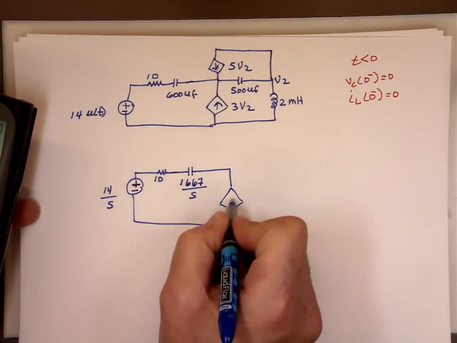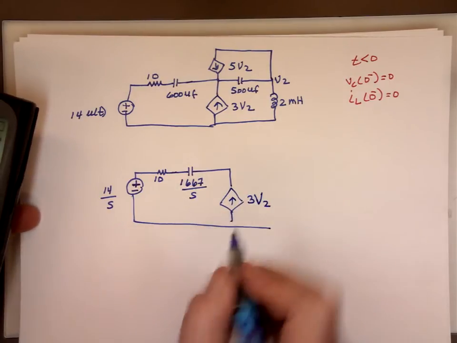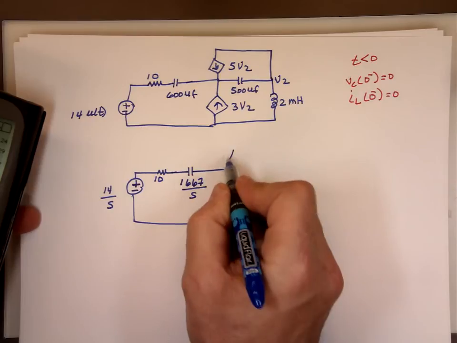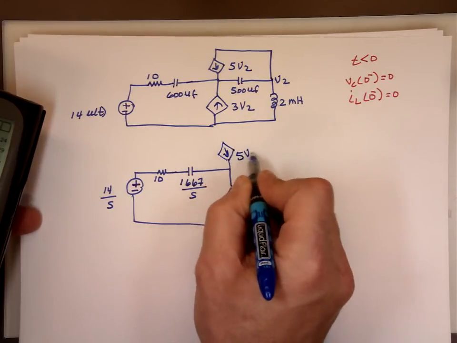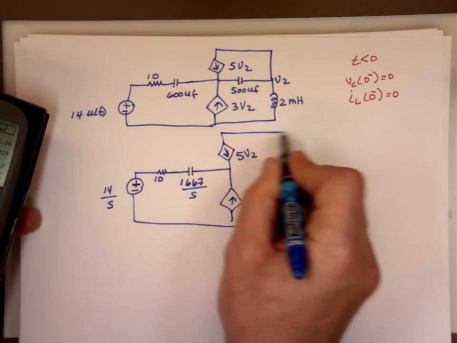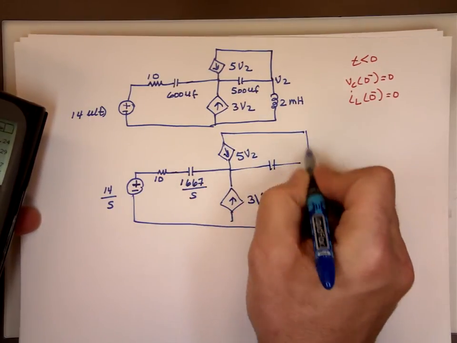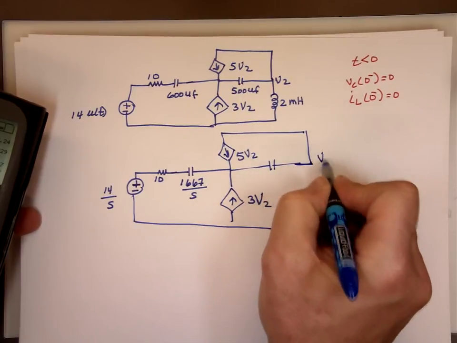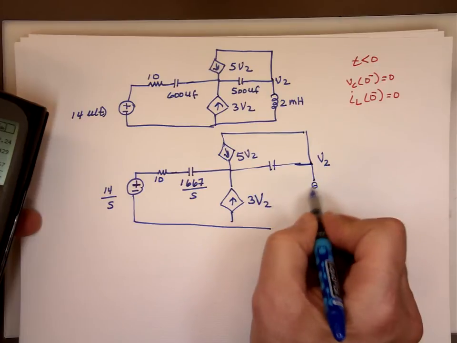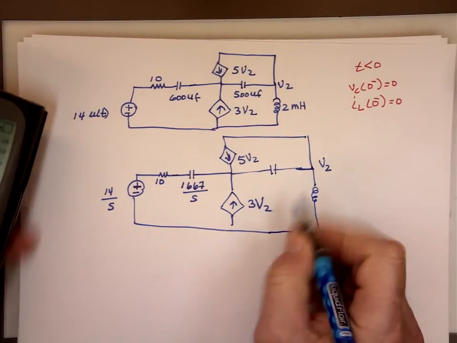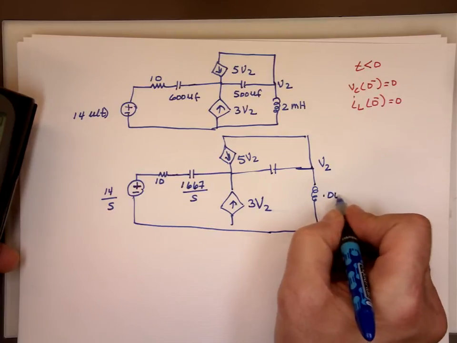Three V2 as a function of S, 5 V2, this is V2 as a function of S. S times L, L is 2 milli, what's that, 0.002 S, right?